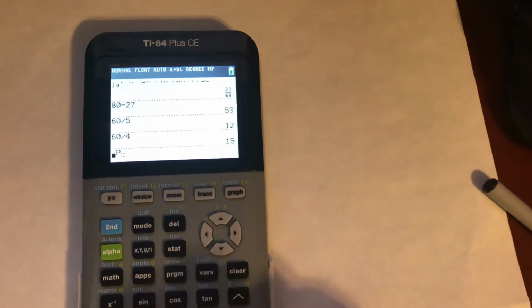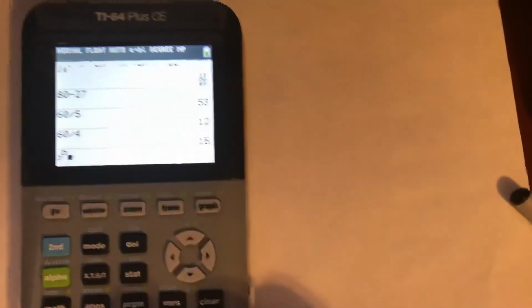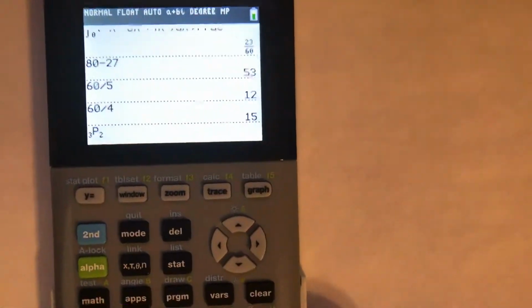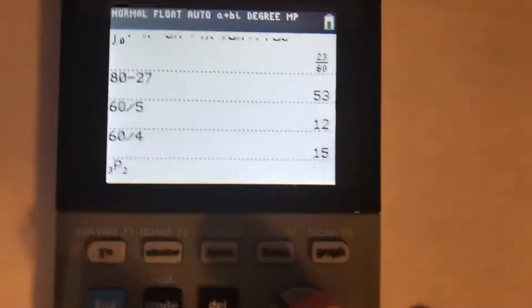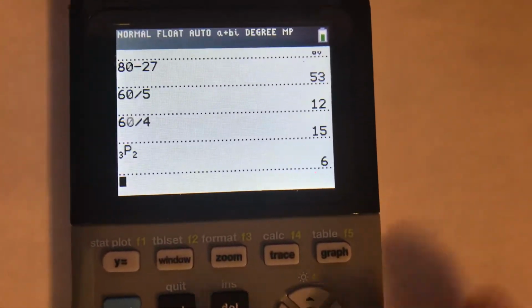You type in your 3, you type in your 2, press enter, you get 6. So you don't have to do it using the formula.